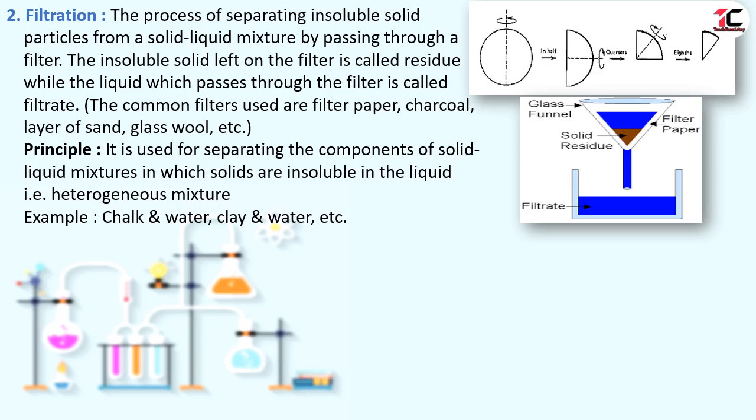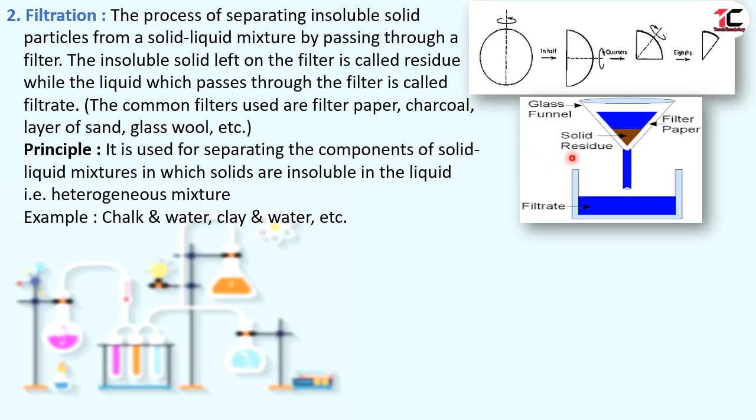This filtration process is used for separating the components of a solid liquid mixture in which solids are insoluble in liquid. Solids do not dissolve in the liquid, that is a heterogeneous mixture. We can separate chalk from a chalk water mixture, clay from a clay water mixture.